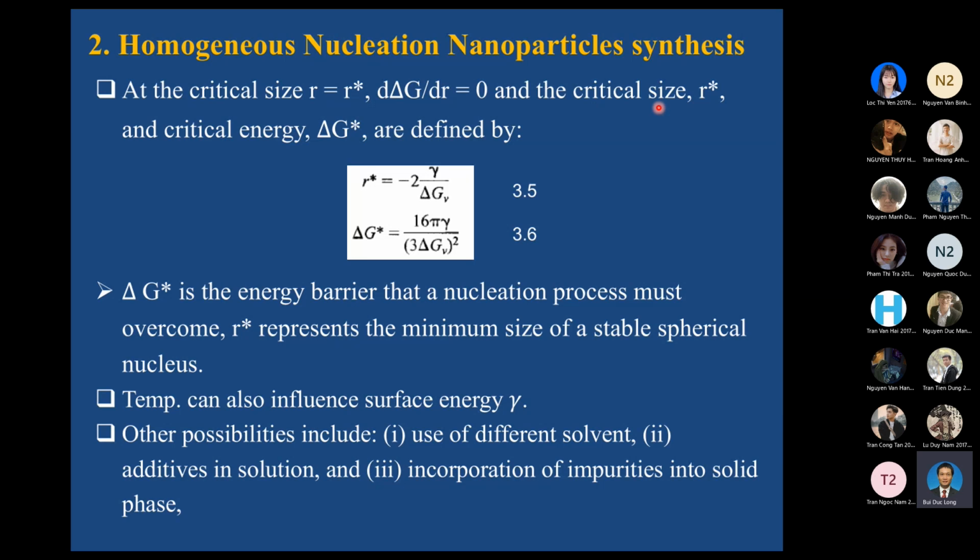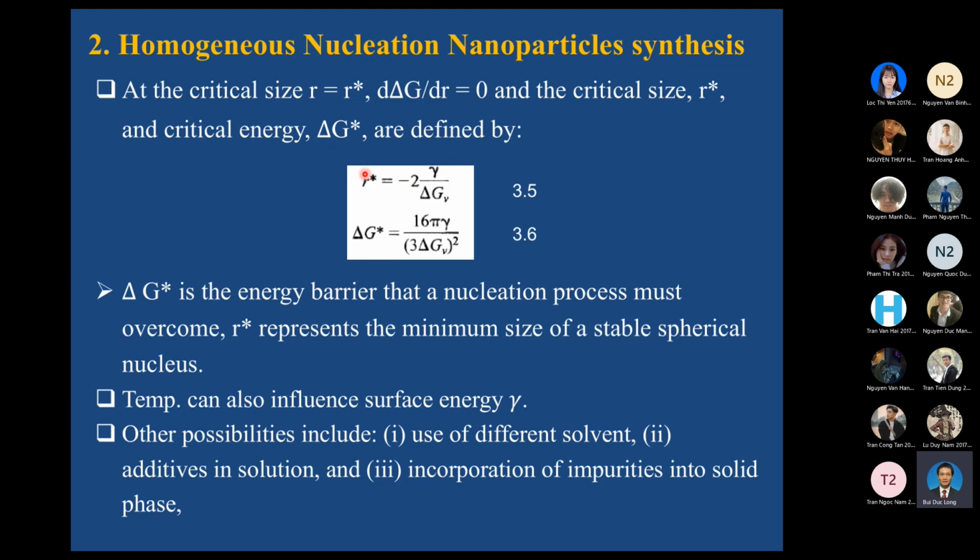So the critical size R star and the critical energy ΔG star are defined by these formulas: R star equals minus 2 gamma divided by ΔGv, and ΔG star equals 16 pi gamma cubed divided by 3 ΔGv squared.